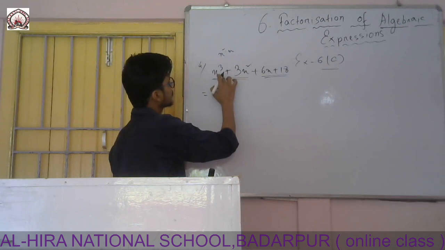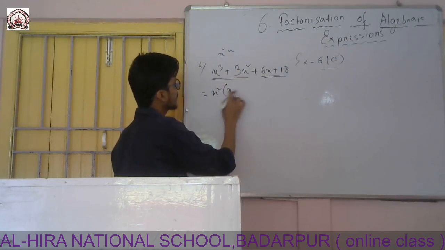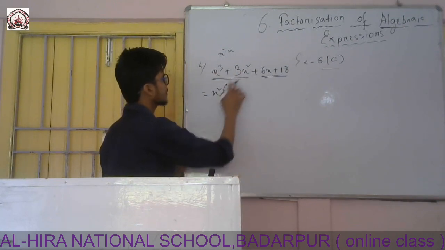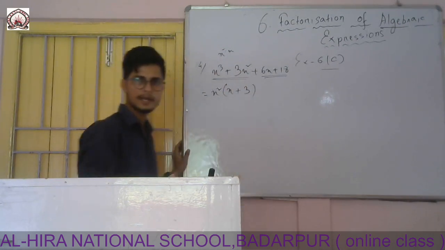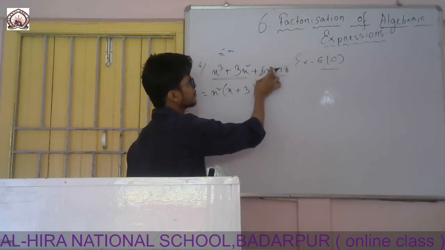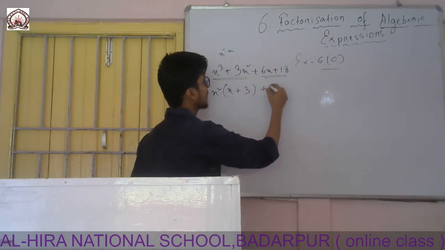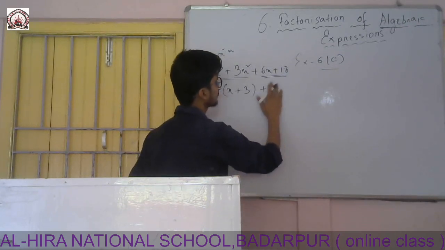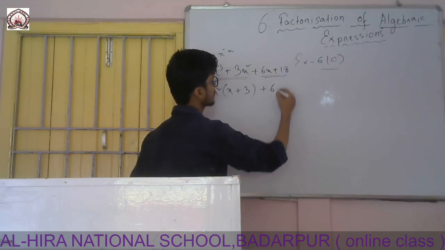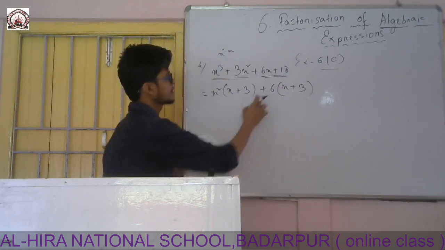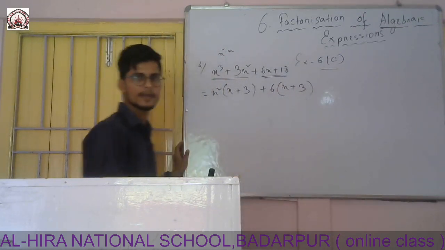After taking out x square, only one x is left, so x square into x is x cube, plus sign will be there, x square I have taken common, only 3 left, so I will write it here. Then again plus sign, 6x and 18 are both multiples of 3, so I will write 3 here. Oh sorry, I can take out 6, multiple of 6 also, 6 1s are 6. So it will be 6 into x plus 3, 6 3s are 18.